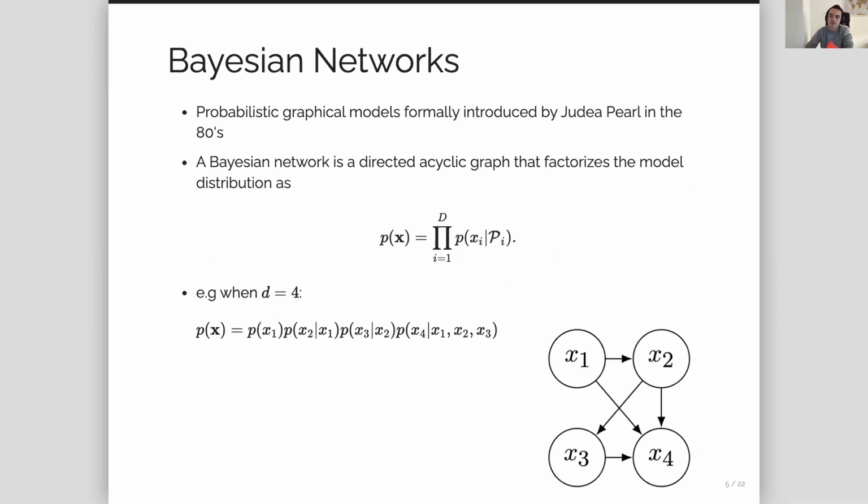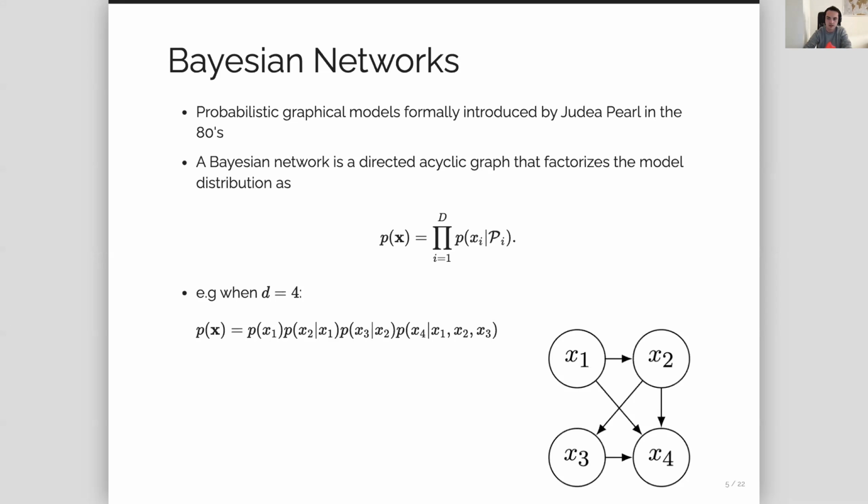On the opposite, one class of models that have been popular to model the joint probability distribution of tabular data are Bayesian networks. These are probabilistic graphical models that were formally introduced by Pearl and collaborators in the 80s.